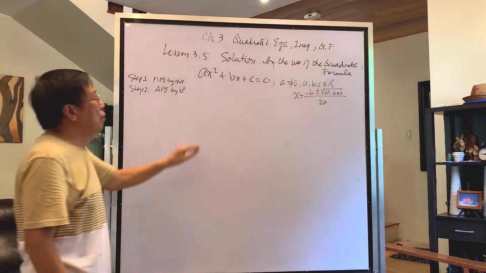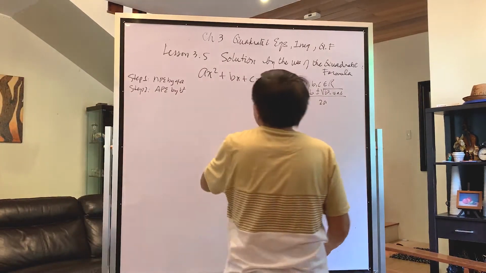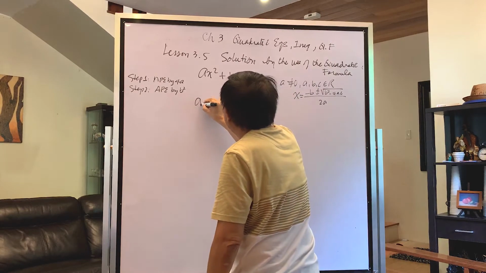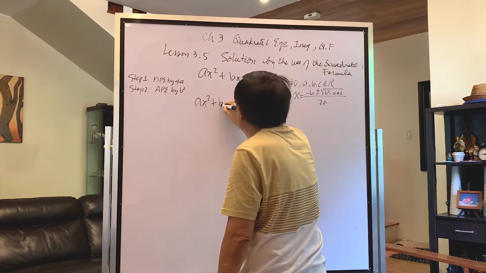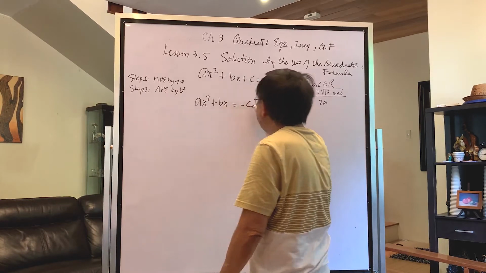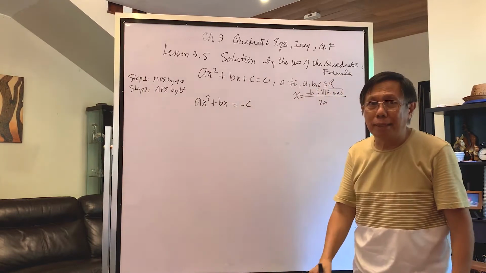So, ax squared plus bx plus c equals 0. First thing we have to do is transfer the constant term c to the other side. So we get ax squared plus bx equals minus c.